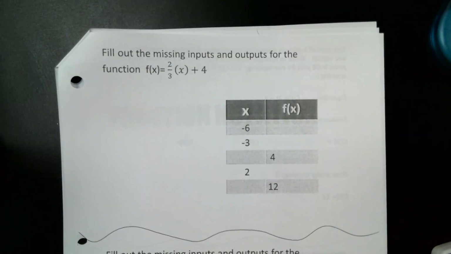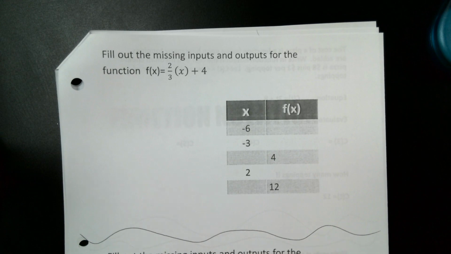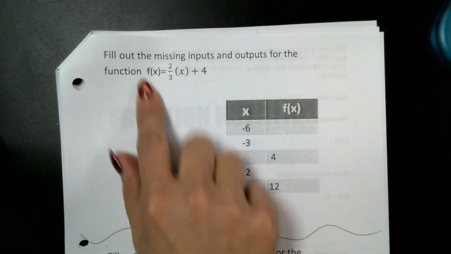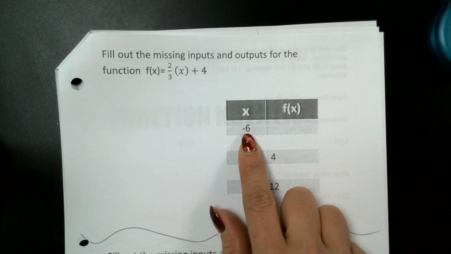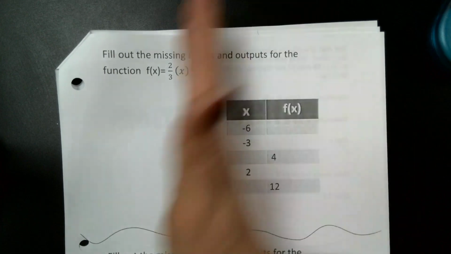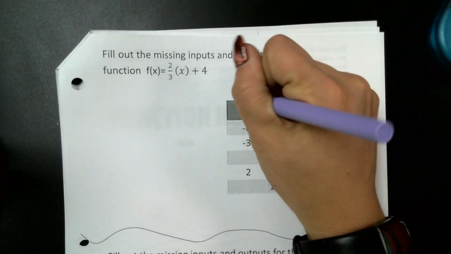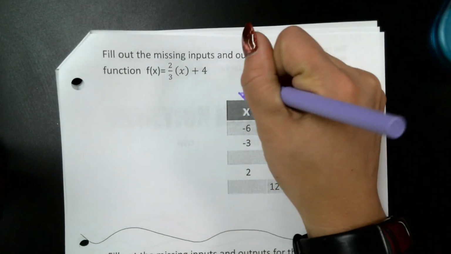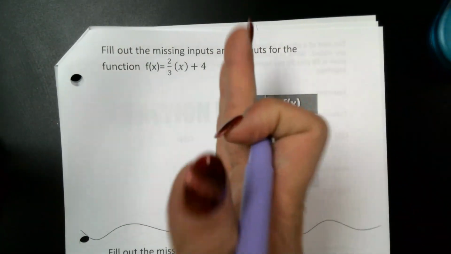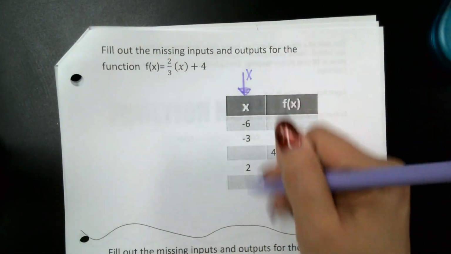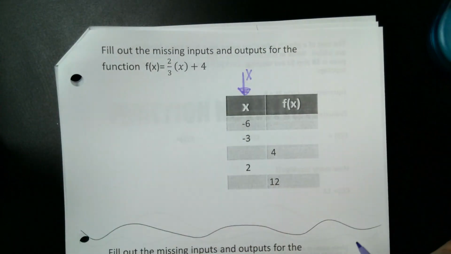Okay, so we are basically going to end up doing the same thing here that we've already been doing. It's just now, instead of coming right out and saying, find this if X is this, they're giving it to you in table form. So, everybody look up here, please. This column is the X column. So if they have given us X, this is the side that we do plug and chug.